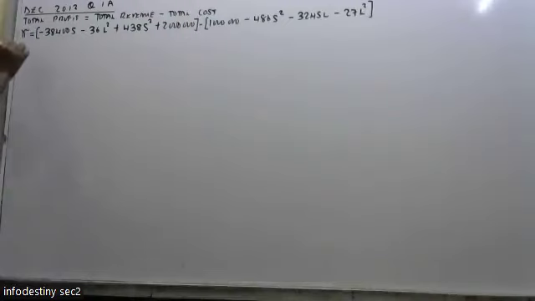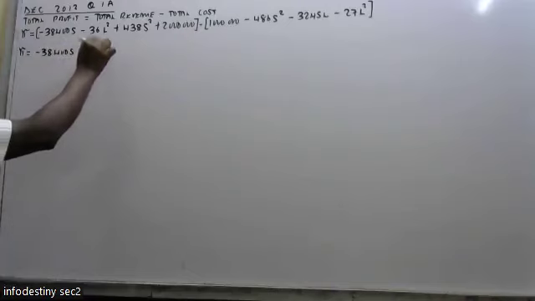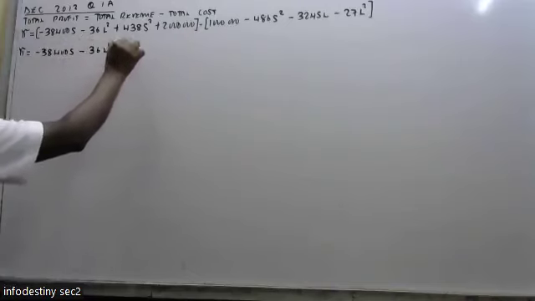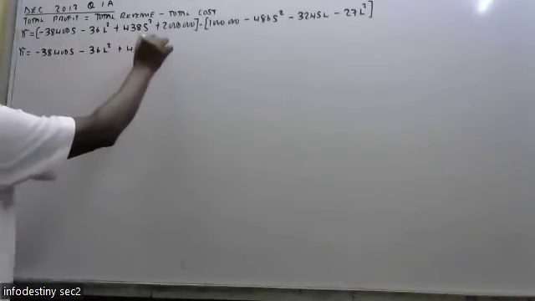So opening the brackets, pi will be minus 38,400 S minus 36 L square plus 438 S square plus 2 million minus 1 million plus 486 S square plus 324 SL plus 27 L square.